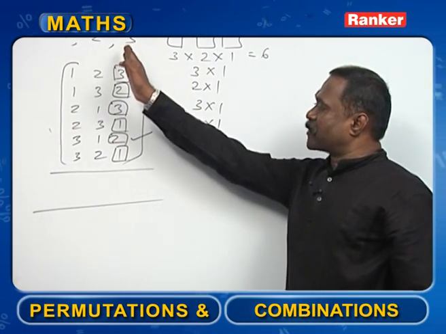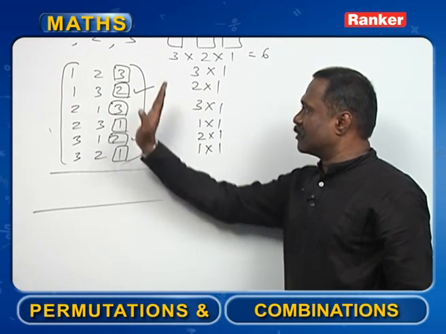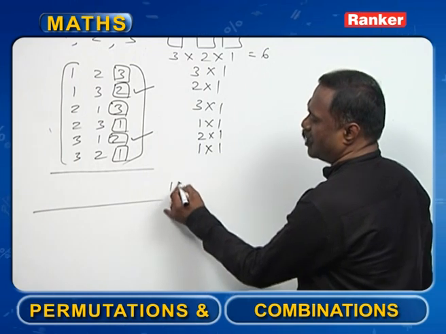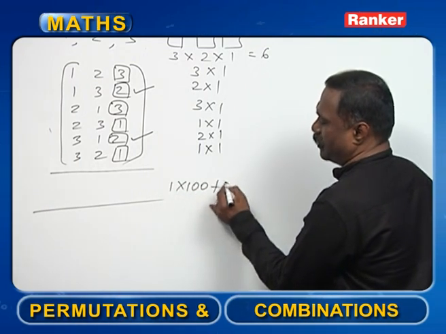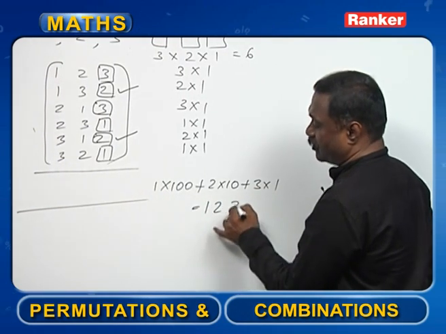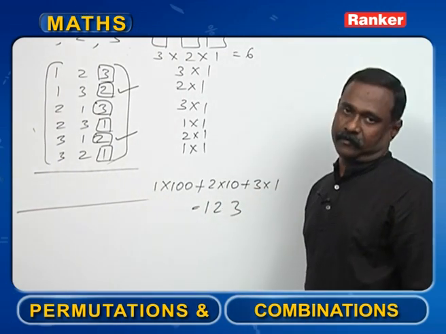So that means if you split the place-wise to form the number 123, it should be 1 into 100 plus 2 into 10 plus 3 into 1, which will give you 123. Understand that.